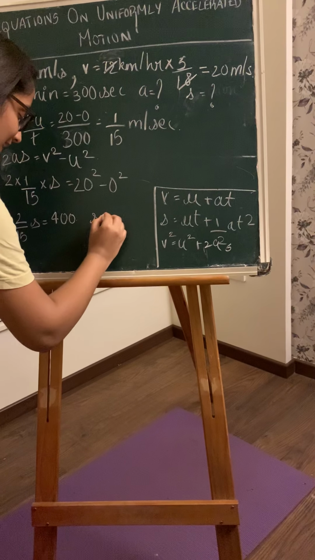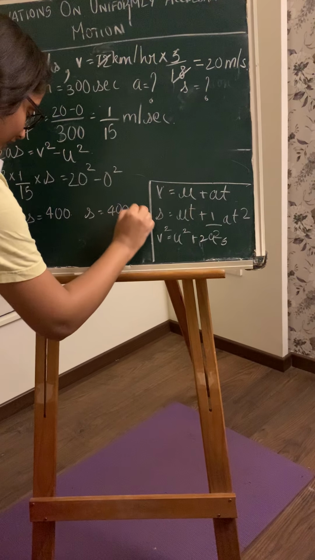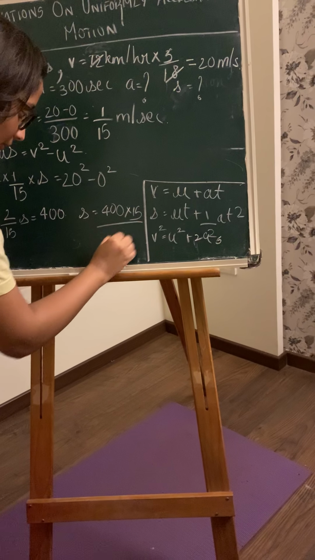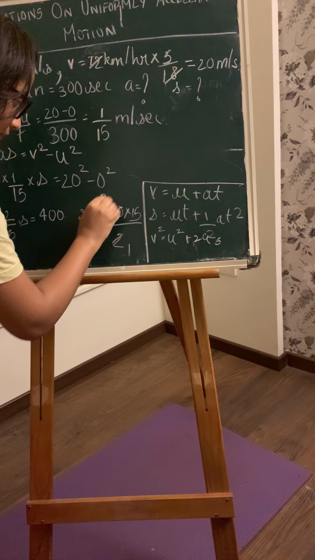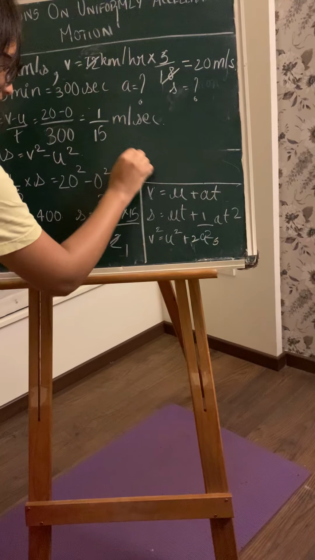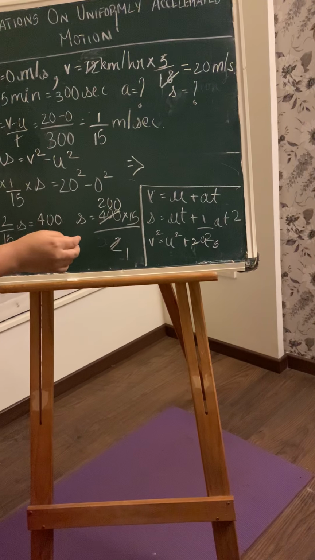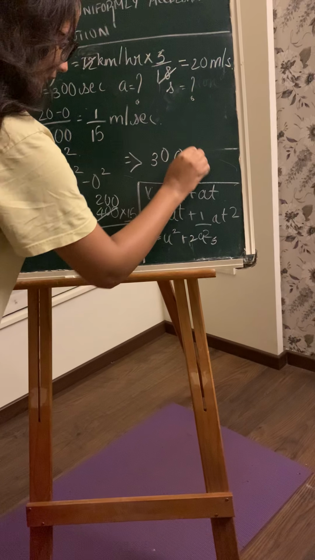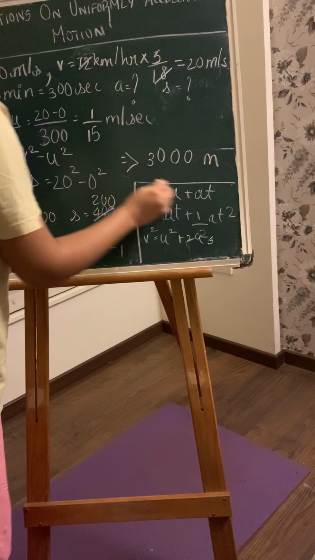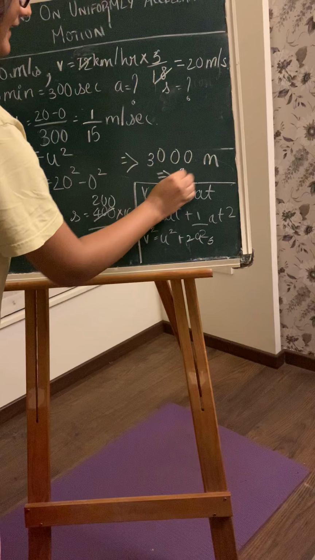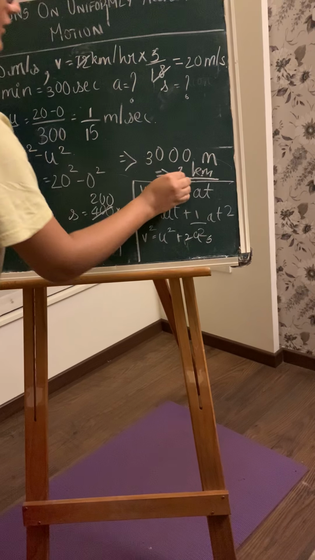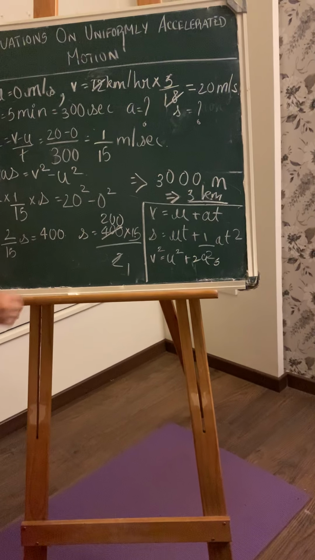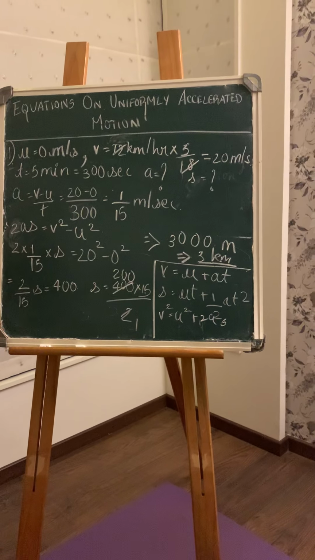Now we have S is equal to 400 into 15 by 2, which is 200 into 15, which is 3000 meters. 3000 meters is basically 3 kilometers. So we have found out the distance using the third equation of motion.